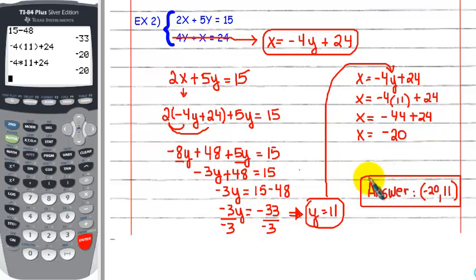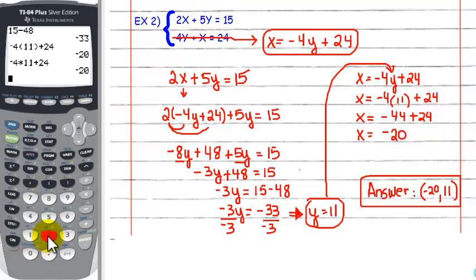Okay. Remember, the cool thing about system of equations is that you can always check your answers. So since I got negative 20, 11, I'm going to use the first equation right here just to verify that it's correct. So basically I'm going to copy what I have, but instead of x, I'm going to replace it with negative 20. And then I'm going to do plus 5 parentheses 11.